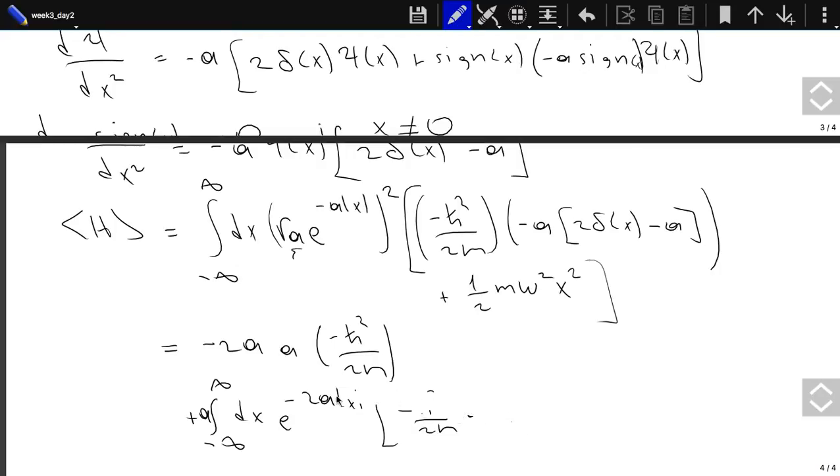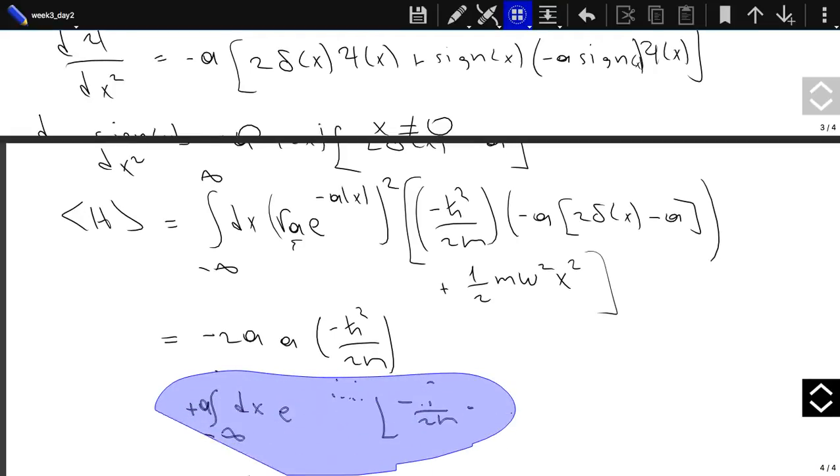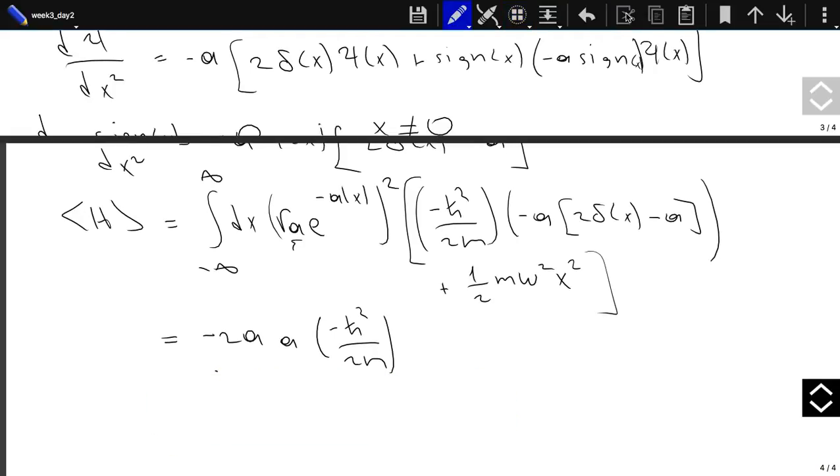I mean, that part is just the normalization of my wave function, so that's also easy to evaluate. So this was the Dirac delta. Then we have plus minus h bar squared over 2m times a squared. That minus a times minus a is a squared. I can take it out. The remaining part is just a normalization integral, and that just gives me a 1. The only kind of complicated part will be the integral of this x squared.